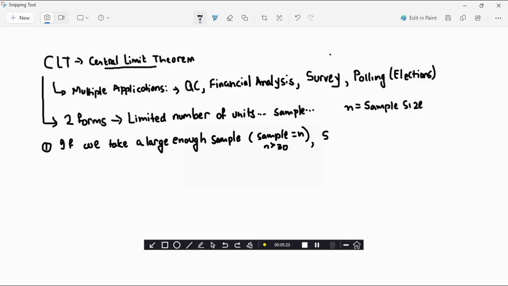the sample mean of each sample. When we say sample mean, we're talking about the average, which is also represented by this symbol over here. So the sample mean of each sample will follow a bell-shaped curve.